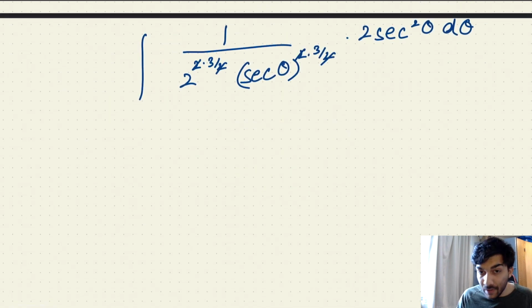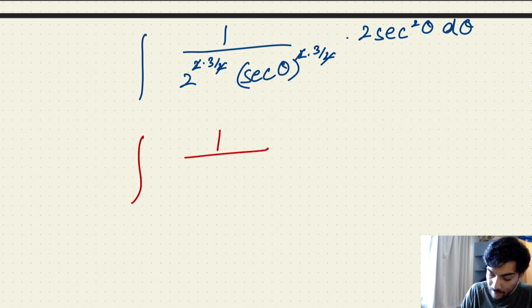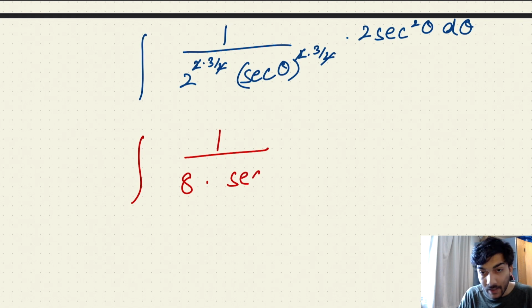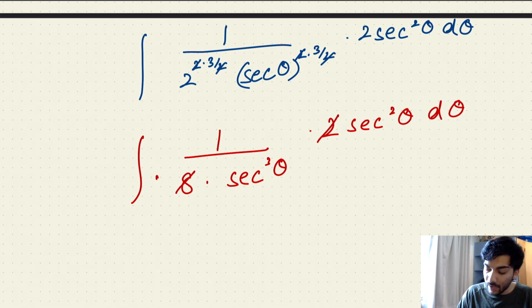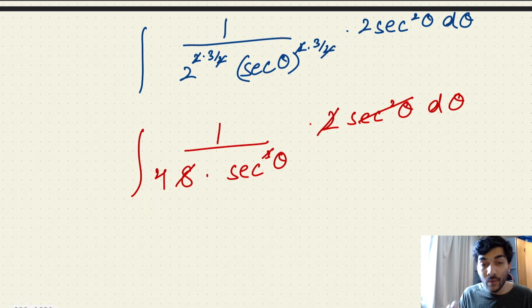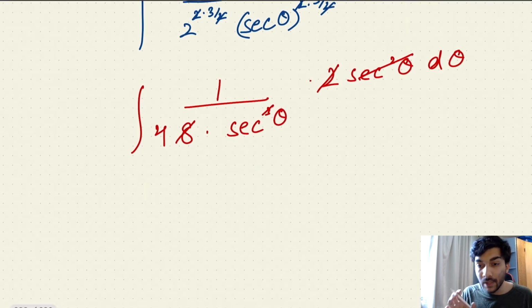Now when we simplify this expression, we get 1 upon 2 cube, which is 8, times secant theta whole cube, which is secant cube theta, times 2 secant square theta d theta, right? Now we can cancel this 2 with this 8 and get 4. We can cancel the secant square theta with the secant square theta in the denominator, which gives us only secant theta in the denominator.